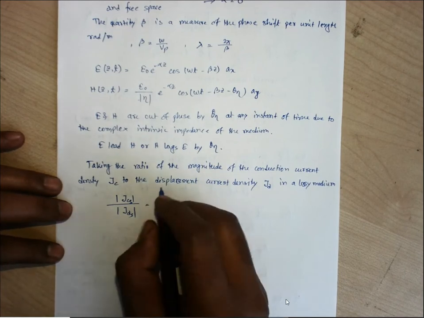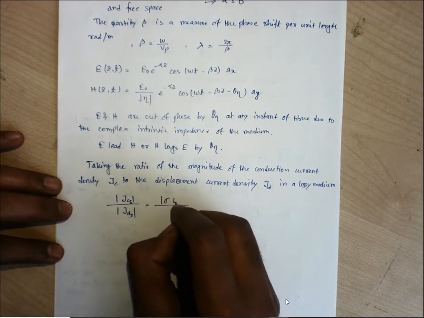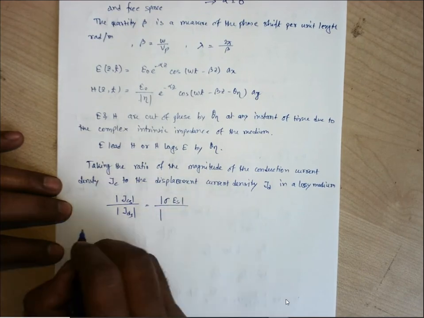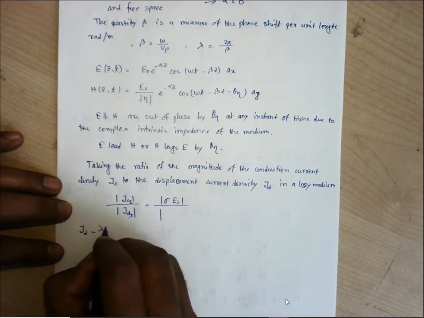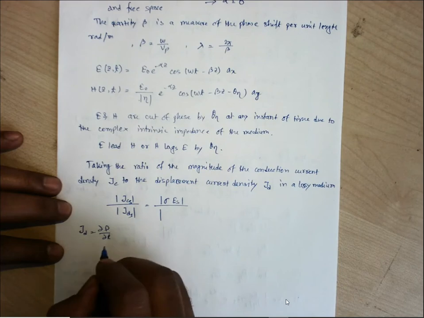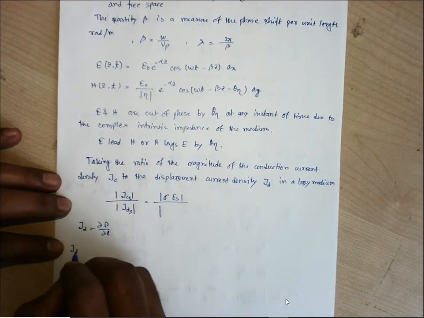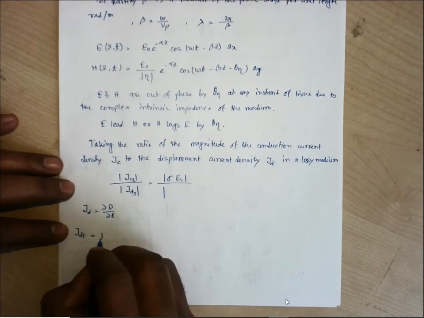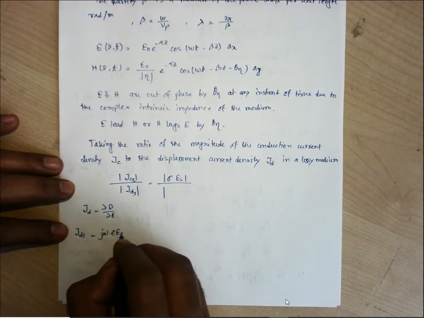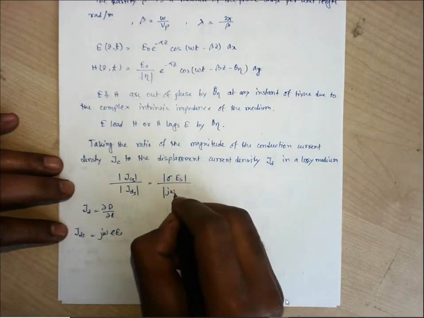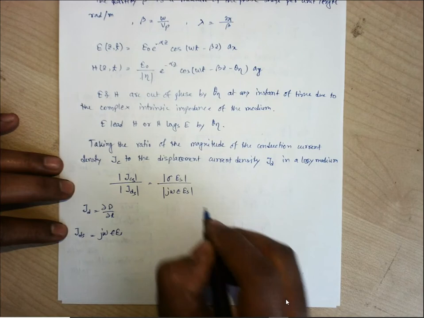So what can we write? Sigma Es for JC. JD was del D by del t, D is epsilon E, so in phasor form del t becomes j omega and D is epsilon Es. That is what we write here, epsilon Es.